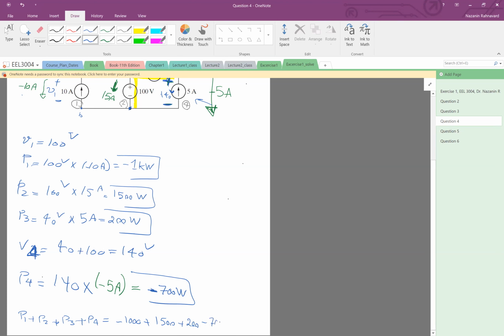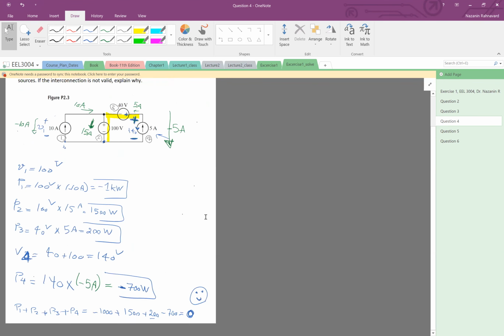P4 is negative 700. So let's see. Negative 1000 and 1500, that's plus 500, plus 200 is 700, and then negative 700, 0. Perfect. So we are happy because we have a power balance. So apparently we did all the directions and everything correctly.